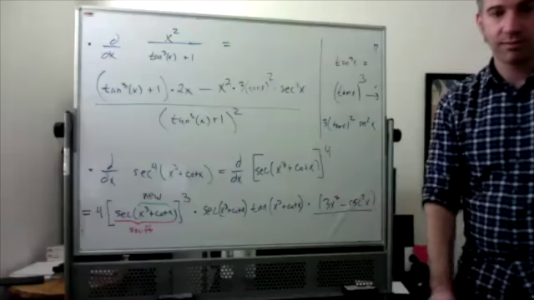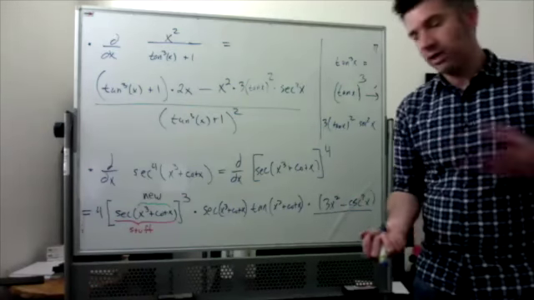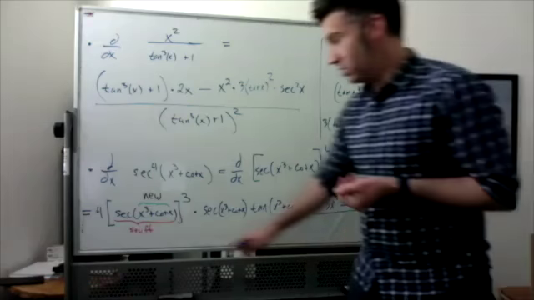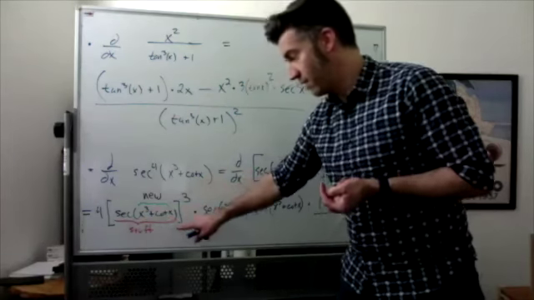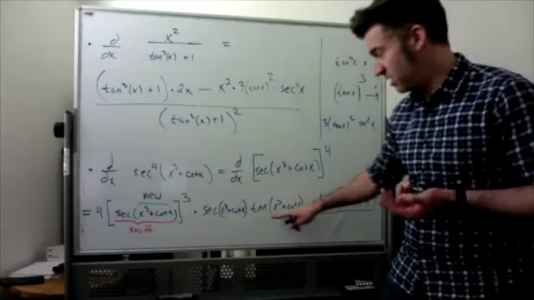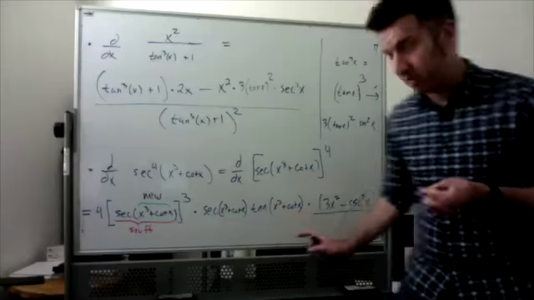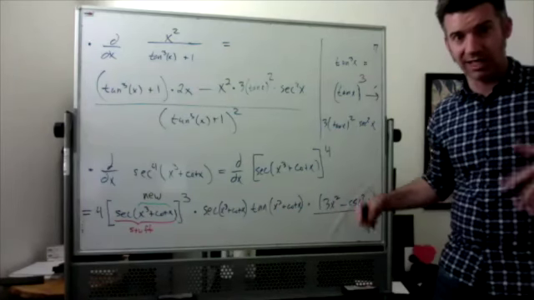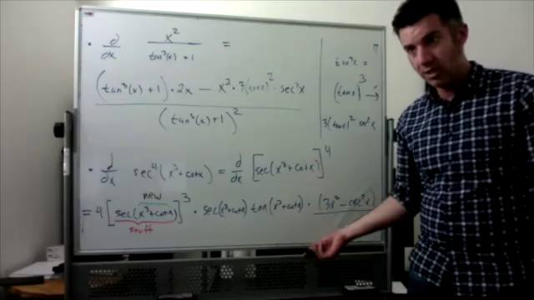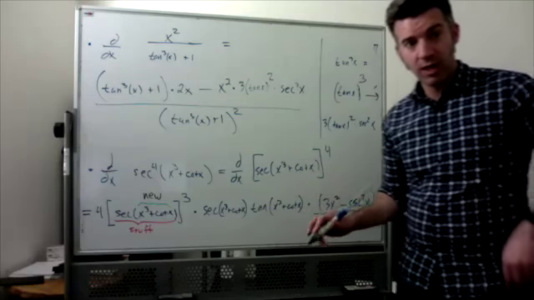Secant and cosecant are kind of weird in that when you do the derivative of secant of some stuff with the chain rule, you get secant of the stuff times tangent of the stuff, so the stuff shows up twice. But you only get the derivative of the stuff once, because with the chain rule you're only multiplying by the derivative of the inside stuff one time. So secant's a little weird that way.